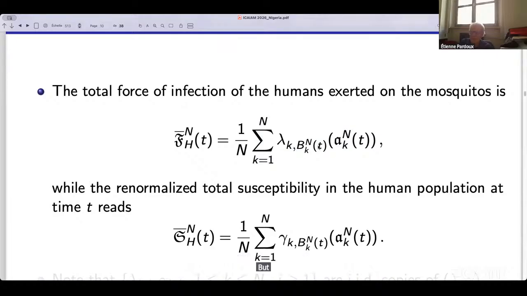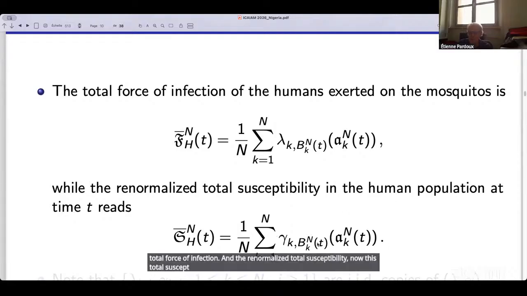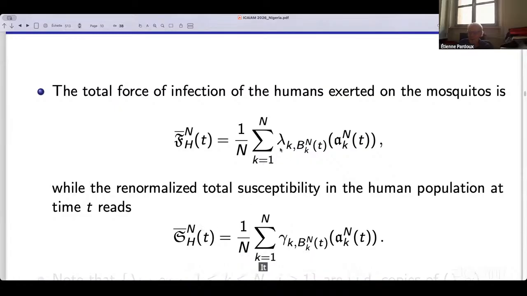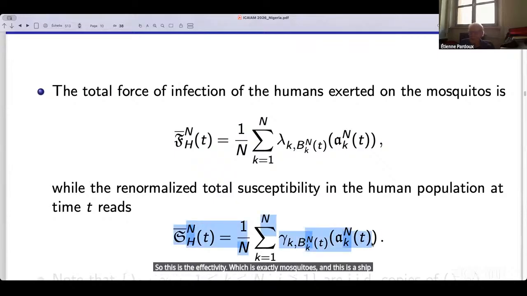But this is a general formulation, and then I divide by n, so I have a rescaled total force of infection. The renormalized total susceptibility of the population at time t is quite similar, but I replace lambda by gamma. Lambda is infectivity, gamma is susceptibility. This is the infectivity exerted on the mosquitoes, and this is the susceptibility, since the mosquitoes then attack those who are susceptible.